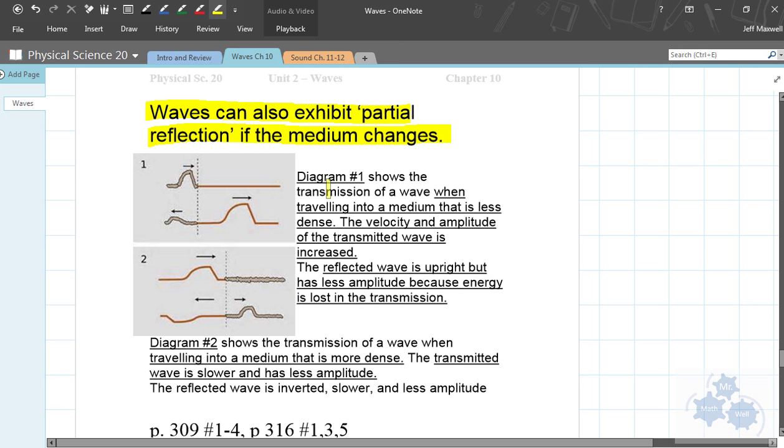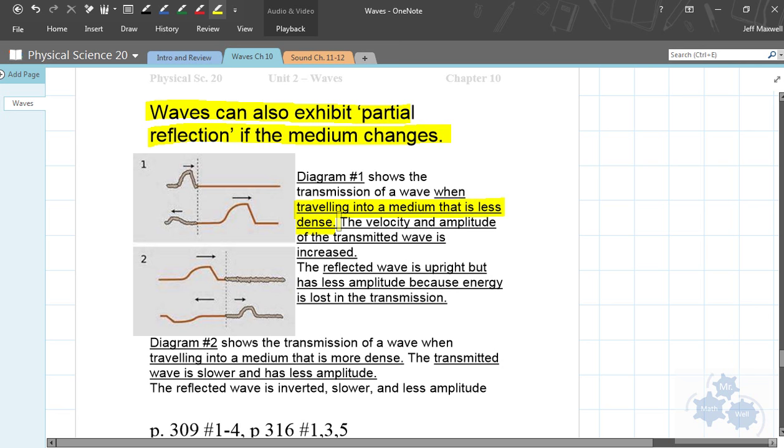And our representation of that yesterday with that little activity was we had a slinky and then a piece of string. So let's just read here what this says. Diagram 1 shows the transmission of a wave when traveling into a medium that is less dense. So traveling into a medium that is less dense.